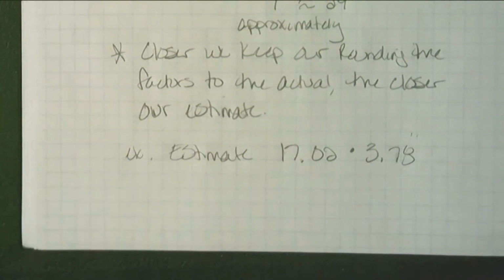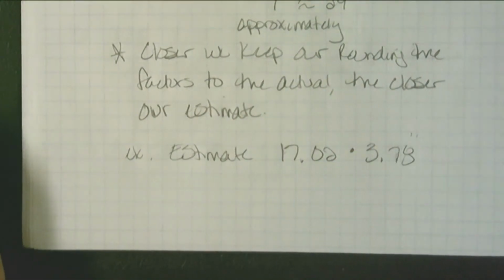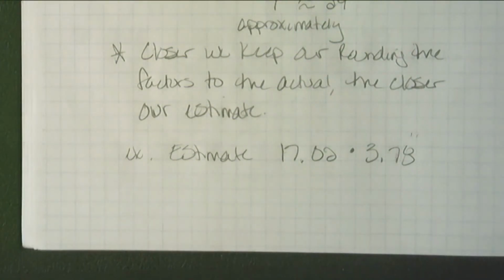And what would you round 3.78 to? This is where it takes a little bit of thought, because if you can round 17.02 closer than 20 and multiply that by 4 very easily, then do that. You know what I mean? You want to do mental math, but you want it to be as close as you can. So someone tell me, what would you round 17.02 and what would you round 3.78?